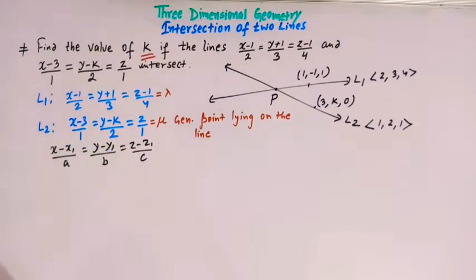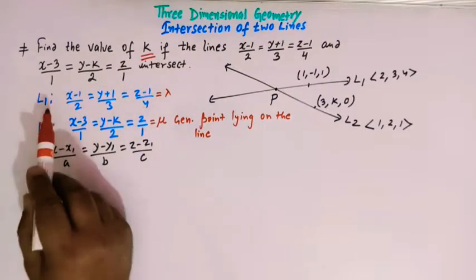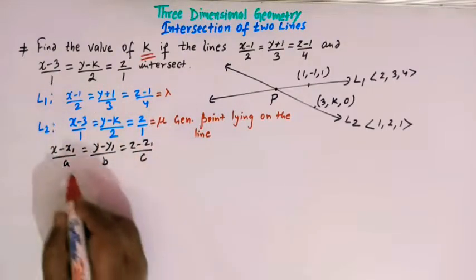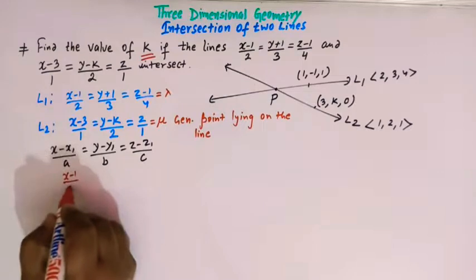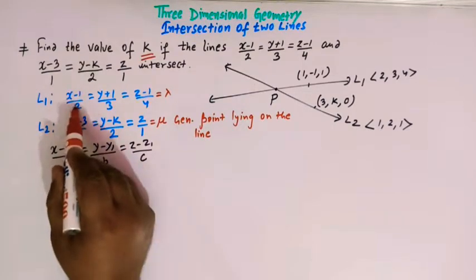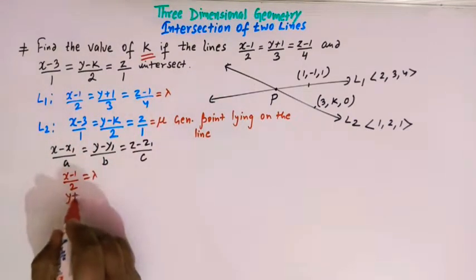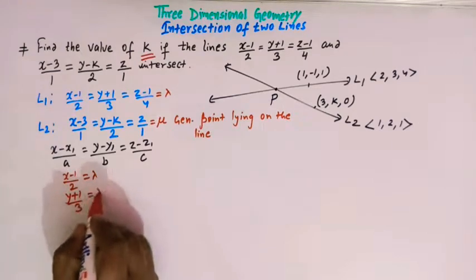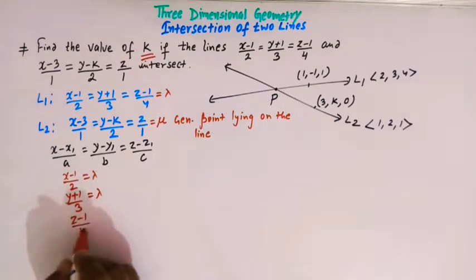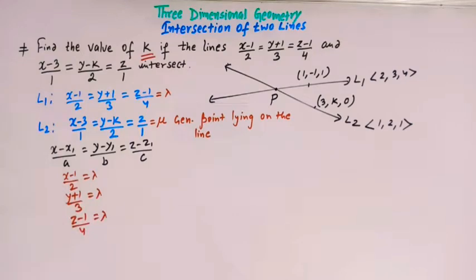If we take the first line, then we have (x - 1)/2 = lambda, (y + 1)/3 = lambda, and (z - 1)/4 = lambda.